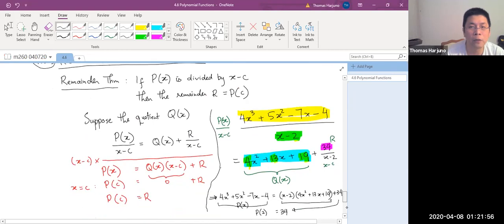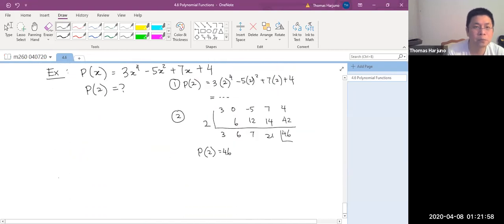The second part of this section is the factor theorem. The factor theorem is actually the continuation of the remainder theorem. Factor theorem says the following.